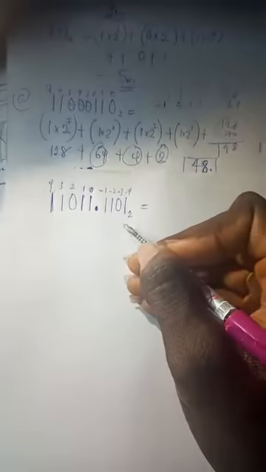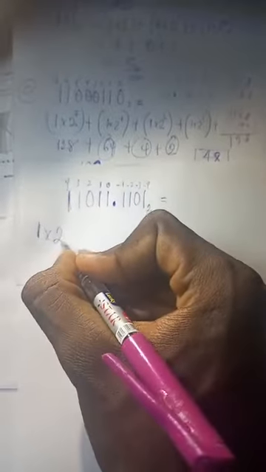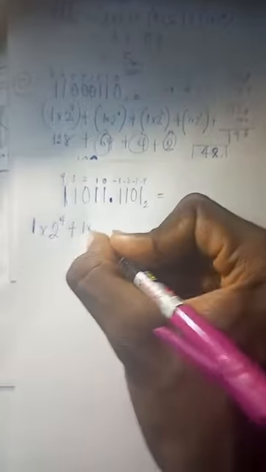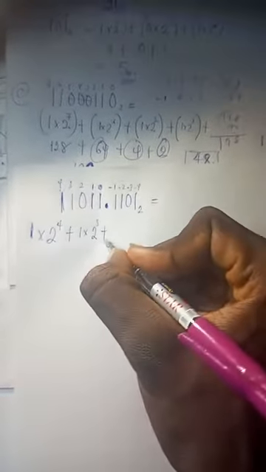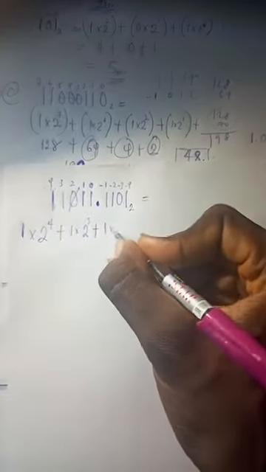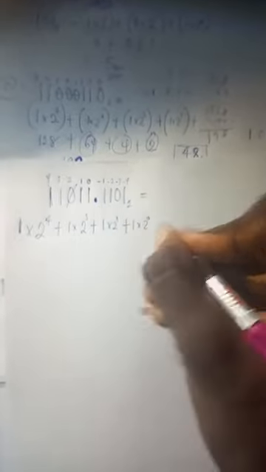So when you have this, all you need to do now is start with your operations by saying, okay, this is 1 times 2 raised to the power of 4 plus 1 times 2 raised to the power of 3 plus, I already told you that this will not be considered as 0. The next one here is 1 times 2 raised to the power of 1 plus 1 times 2 raised to the power of 0.